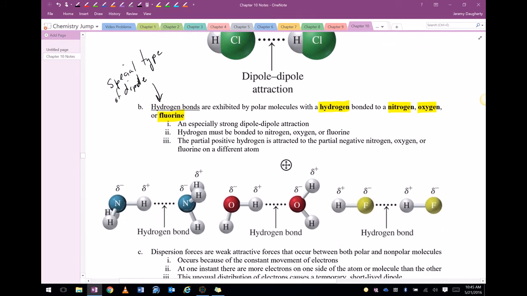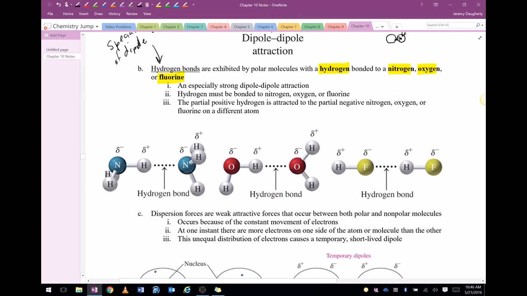It's really strong, because you're talking about a hydrogen, which is a fairly small particle, being directly bonded to another fairly small atom, but one that has a really large nucleus compared to the hydrogen. And so it can really pull those electrons over, which creates a very large dipole, a very large polar bond.